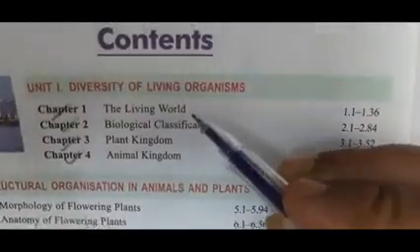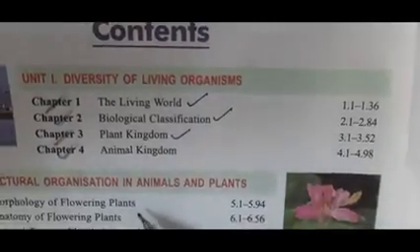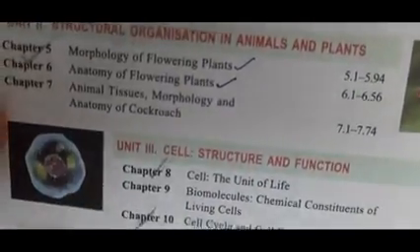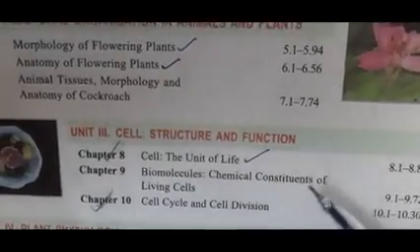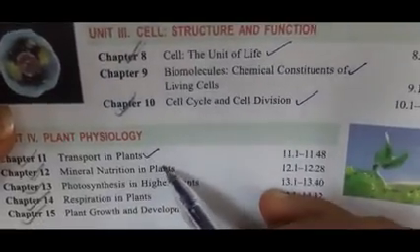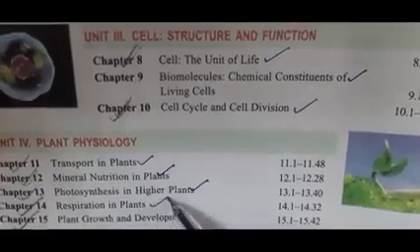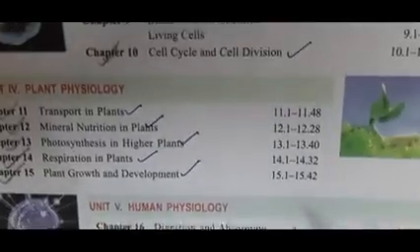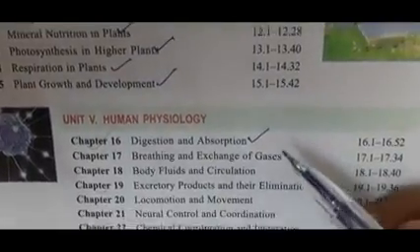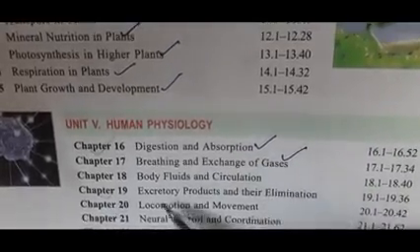Now your portion for final exams will be the living world, biological classification, plant kingdom, morphology of flowering plants, anatomy of flowering plants, then cell the unit of life, biomolecules, cell cycle, then transport in plants, mineral nutrition in plants, respiration, plant growth and development, digestion and absorption, the topics which I taught, breathing and exchange of gases, also the topics which I taught.